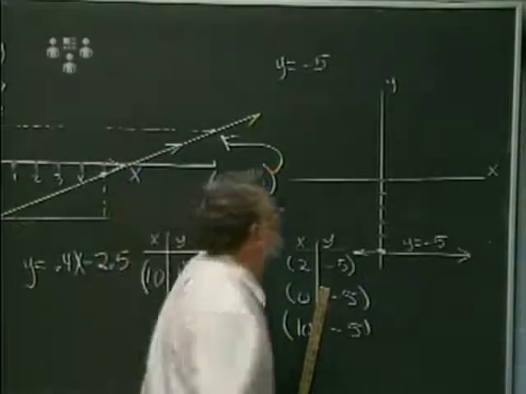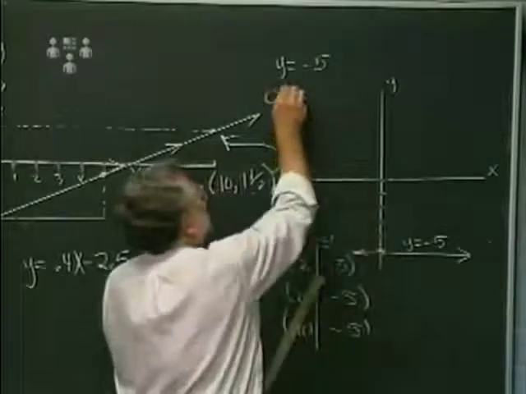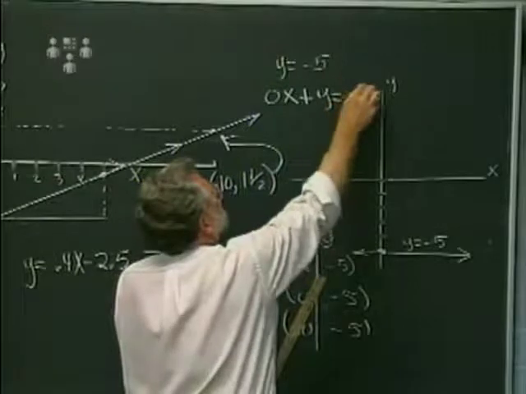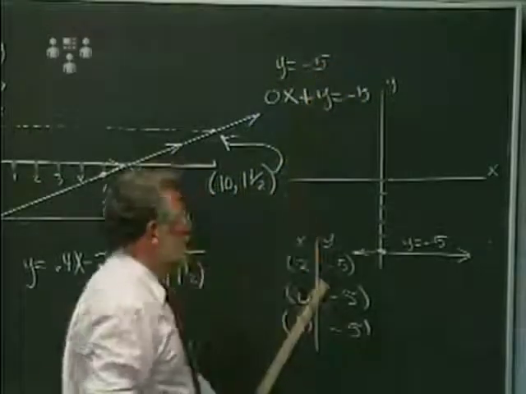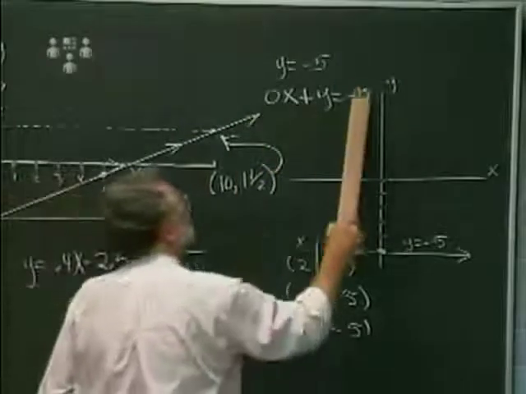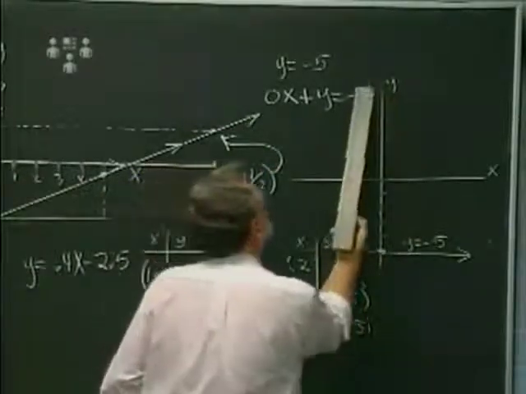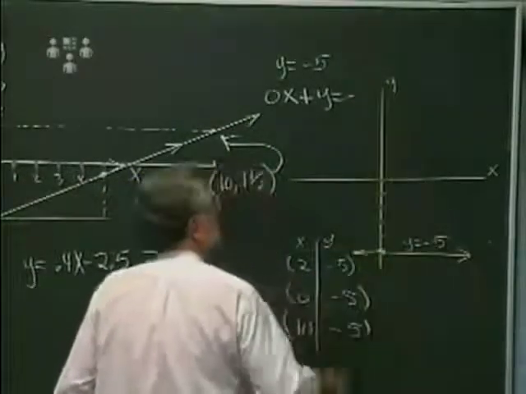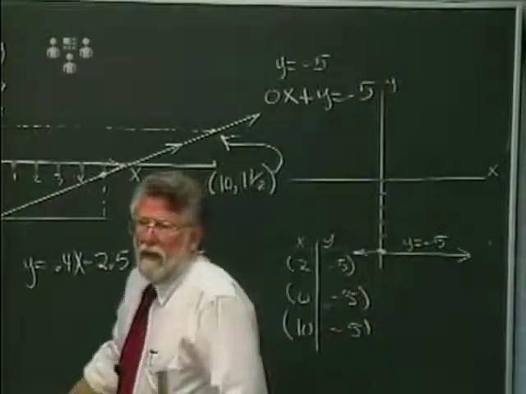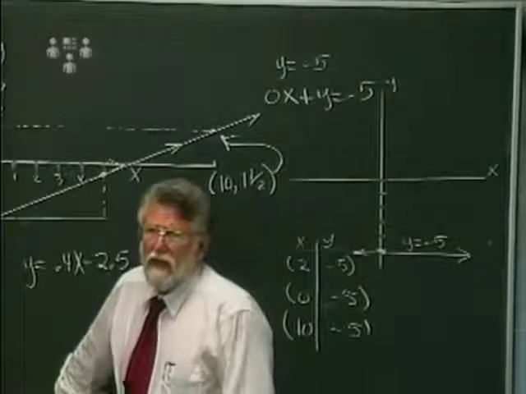This is like saying I have this equation: 0 times x plus y equals negative 5. That's the same. Okay, let me get rid of that. 5 didn't look very elegant. So I'm going to go ahead and make that a nicer looking 5. But 0 times x plus y equals negative 5.